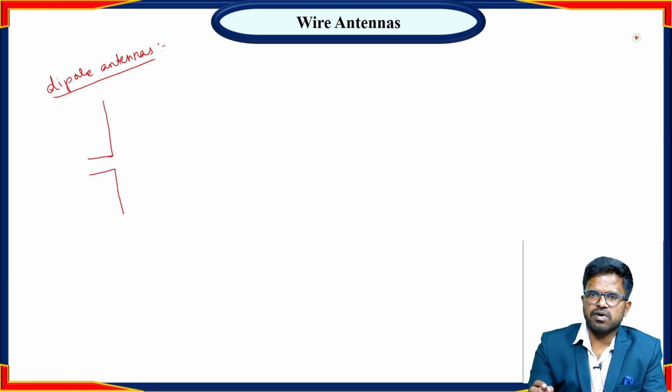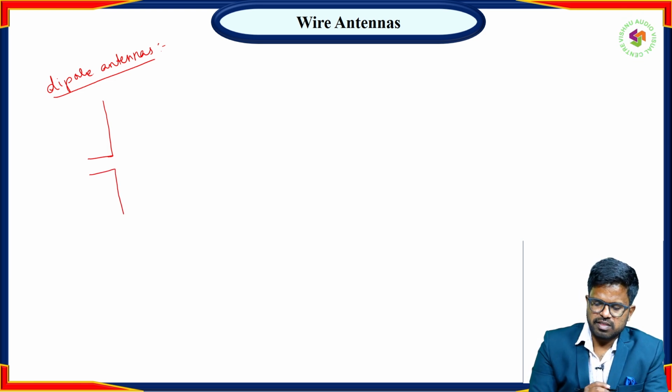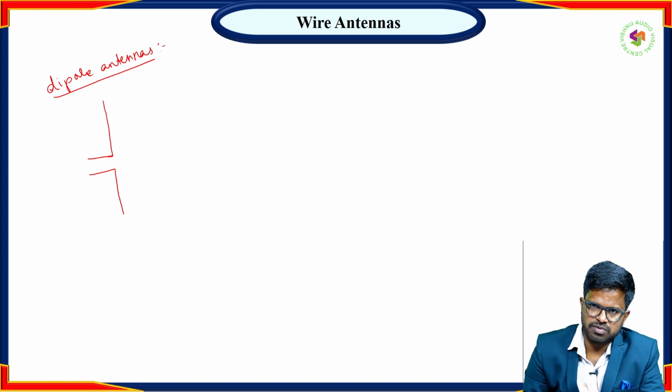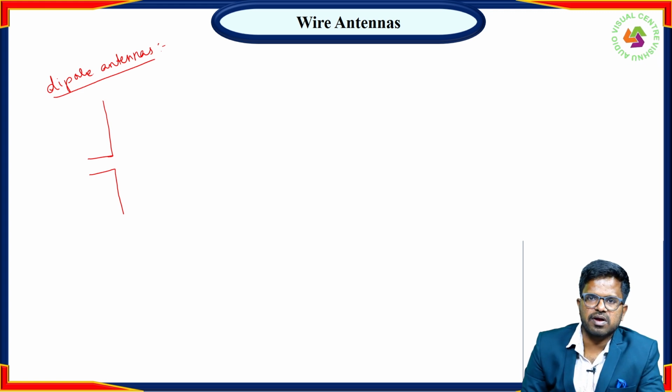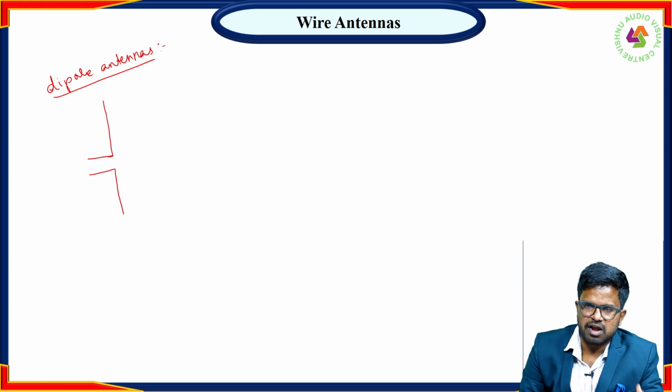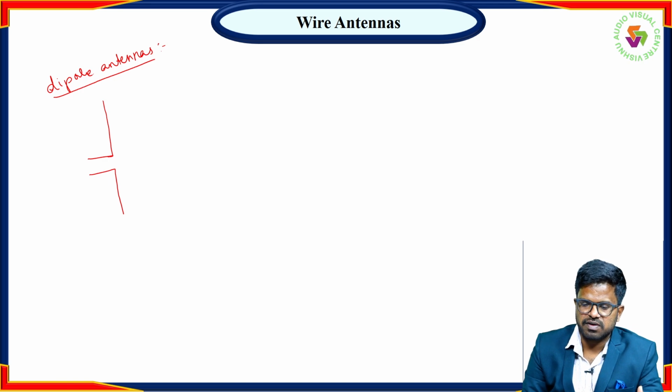If you take two wires and flare them apart, then they can work as an antenna. How will they be used as antennas? How will simple two wires propagate the information, transmit the signal, and receive the signal? That we will see now.